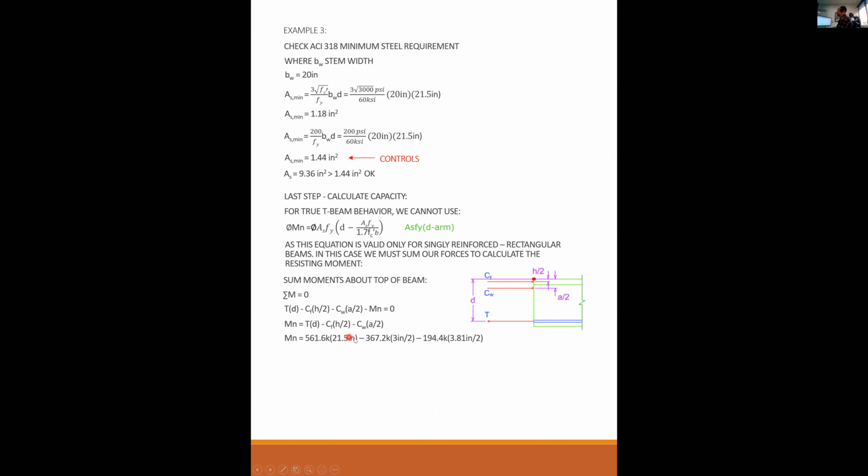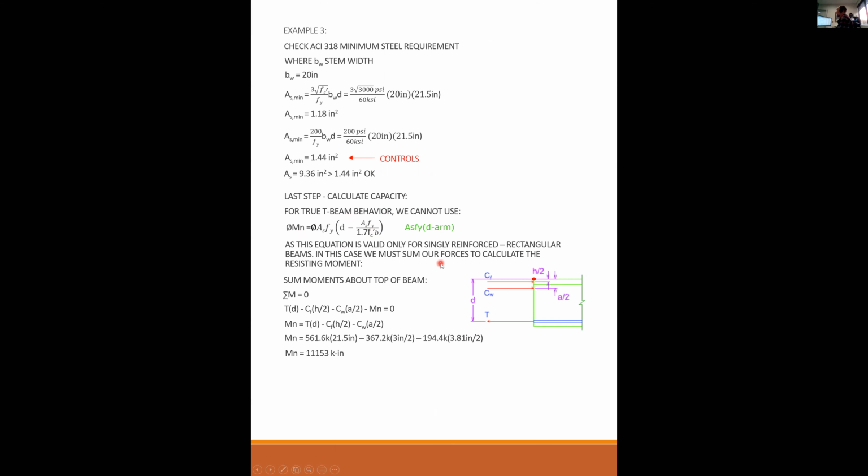But there's also something in what you just said I want to be clear about. So yes, I could use this equation if I went to the work to find what that arm is, but I still cannot use this equation. So this equation is off the table, like I said, but the foundation of this equation is this equation, and if you did the work, yeah, you could find the arm.